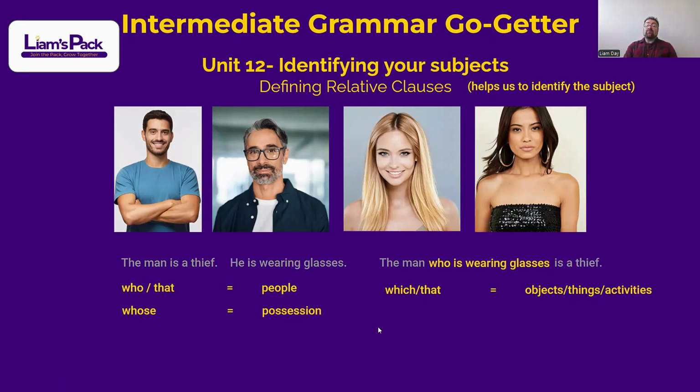If we're talking about possession, something that you have, then we use whose. All right. So in this case, with these pictures, I could say the woman whose hair is black is from Spain. Okay, because her hair is black.